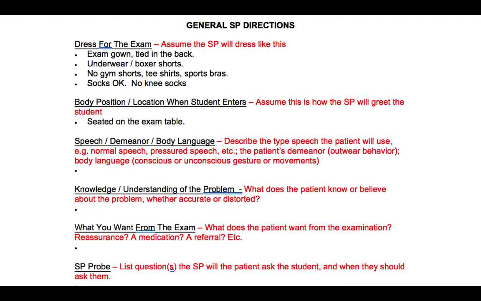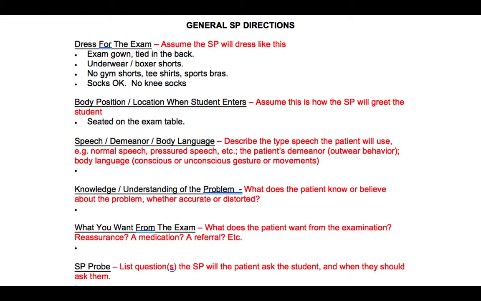There's another page on general SP directions. Depending upon your case, these could be altered, but for this exercise, I would just assume that the patient you're seeing is in an exam gown and so forth. But you're going to see them on Skype. They're not going to be in a gown.